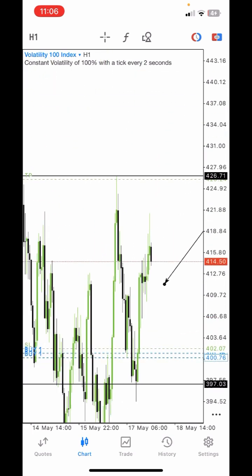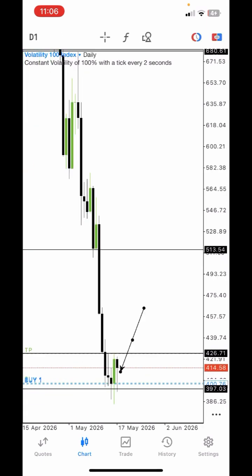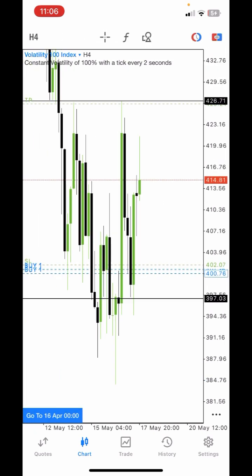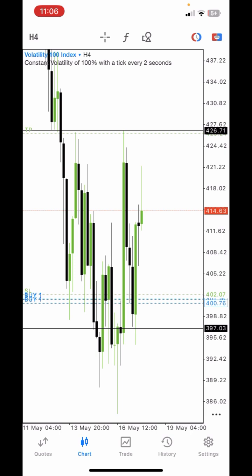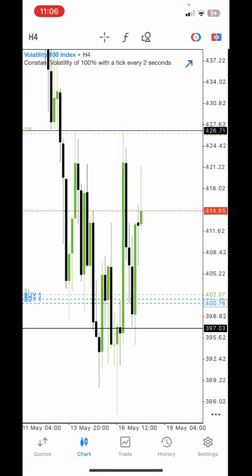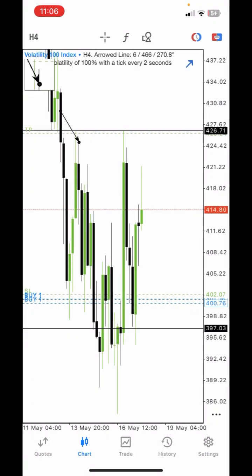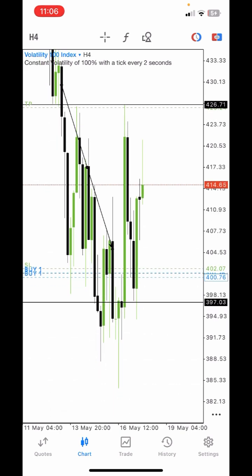All right, so that's because I could see the pressure. That's why you need to stay on the daily time frame. I could see the pressure that buyers are in. Now again, if you check on the 4 hour time frame, we have a structure here. We have a structure right there. We have lower low, lower high right there, lower low, lower high right here.